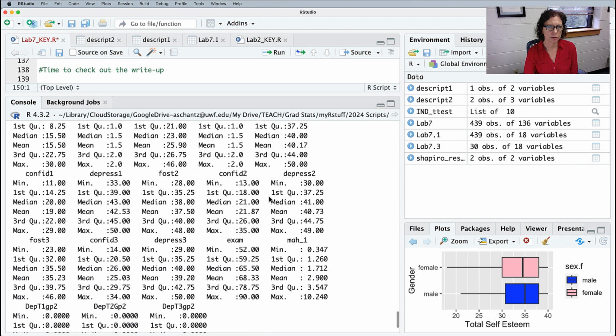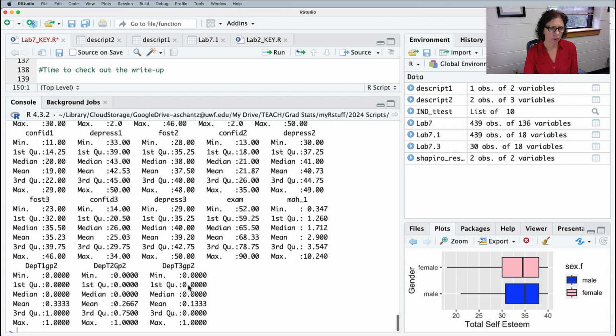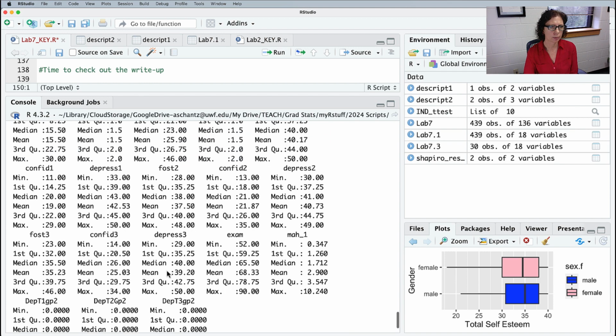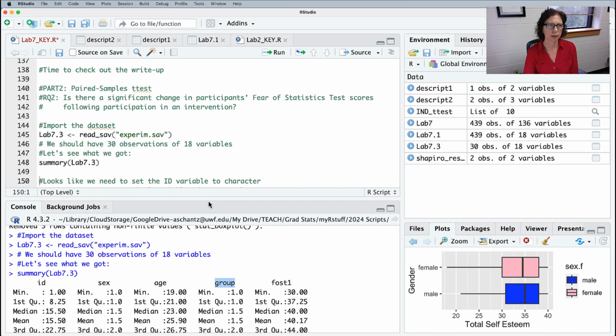All these others seem to be continuous except for these last 3, depression, time 1, time 2, time 3. So not going to worry about those, but it looks like we need to do some cleaning up in this area so that we can pull descriptives on it. It's kind of hard to pull descriptives on a category that's not being recognized as a category. So let's look at that.